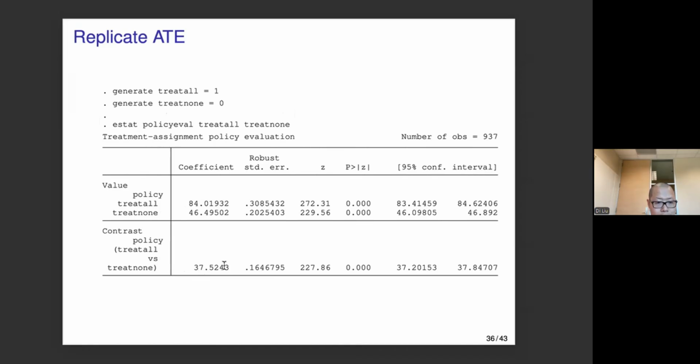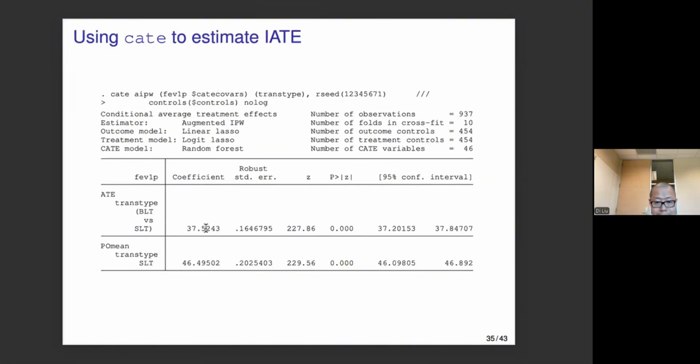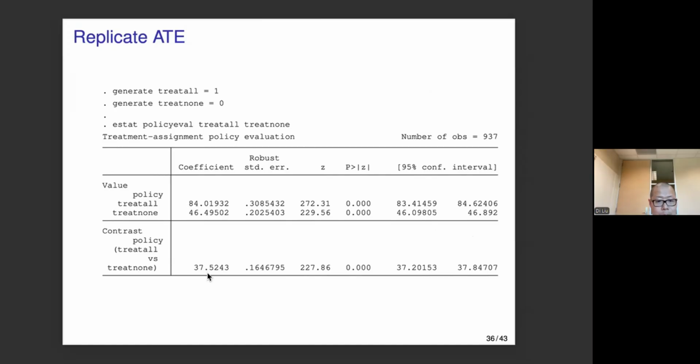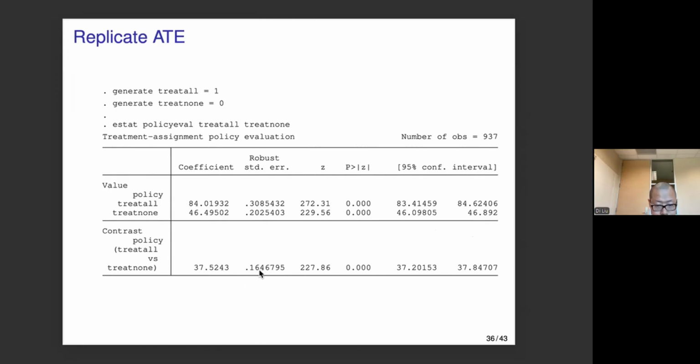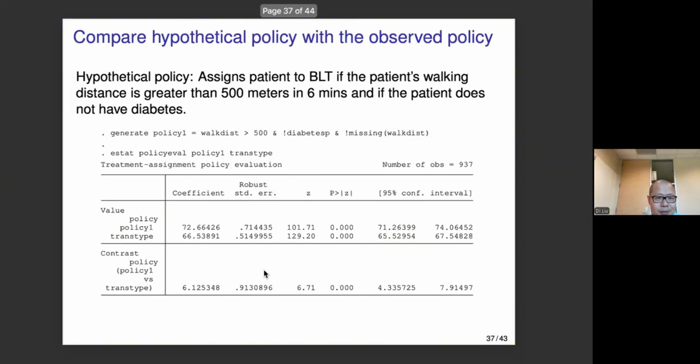And this value is the contrast between these two policies, which turns out to be exactly the same as the ATE, 37.5243, and the same standard errors too. So that confirms that ATE is just a special case of treatment assignment policy evaluation.